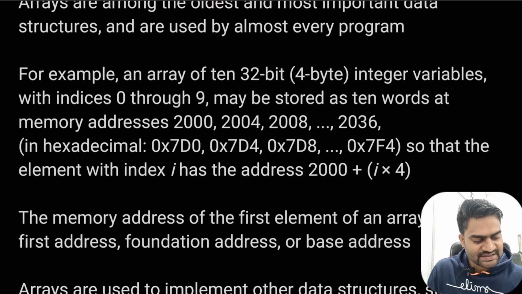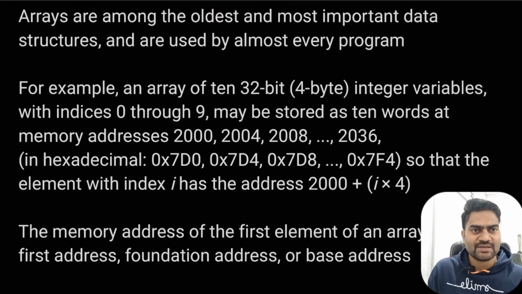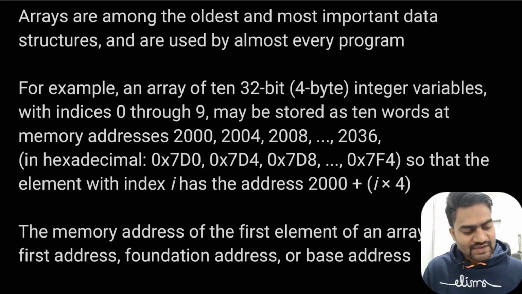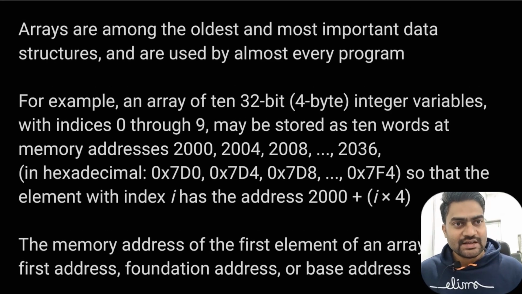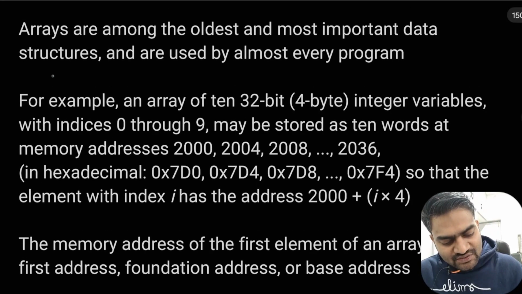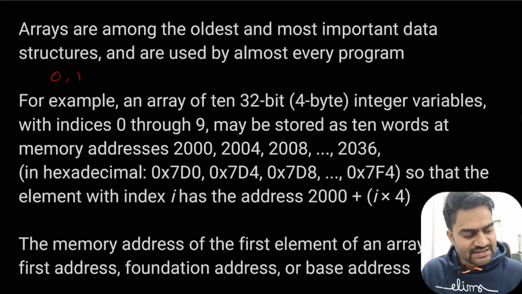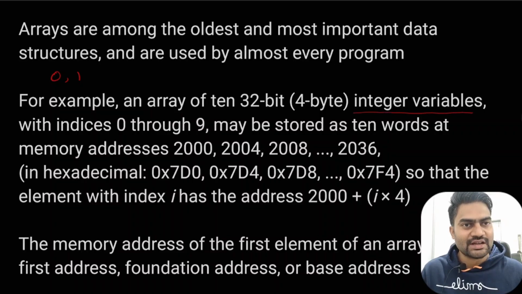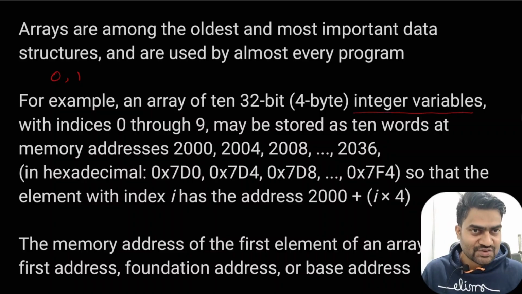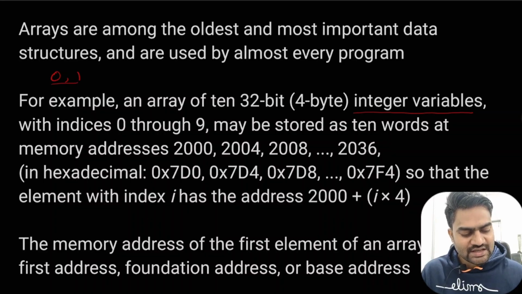What exactly does this mean? Whenever a computer stores some information, it stores it in terms of bits, 0 or 1. Correct, right? But for the end user, it is an integer variable. If that is the case, somewhere there should be a conversion happening from integer to these bits.